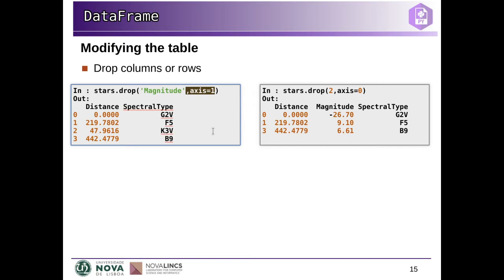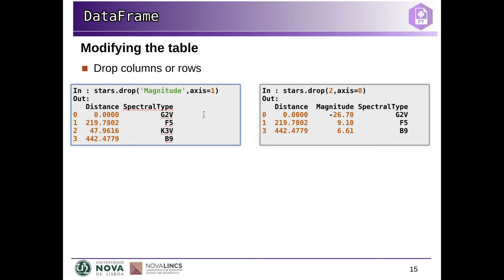So axis 1 is the axis along the columns. So in this case, we are dropping magnitude and we get a copy of our table. Note that these operations do not change the original data set. So this original table stars still has magnitude, but we get a copy with only these two columns.